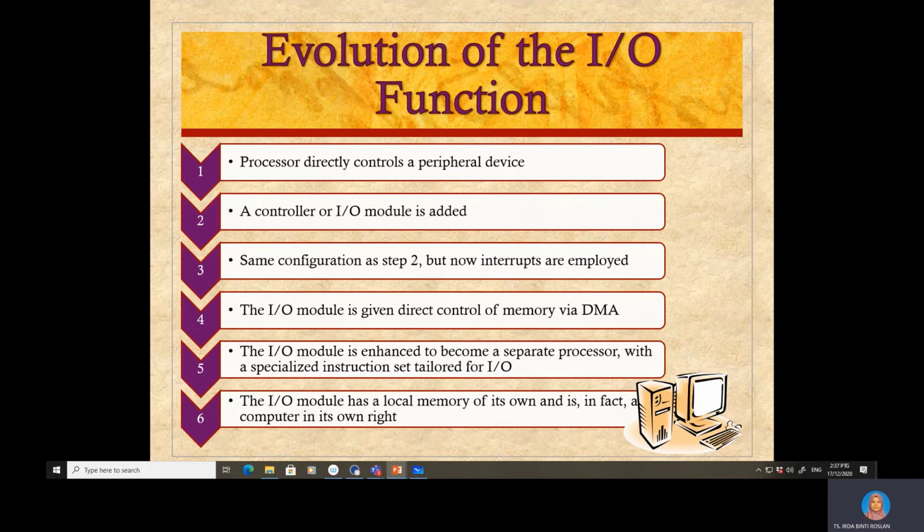Now the control is given to DMA instead of the processor. In the next phase, the I/O module is enhanced to become a separate processor with a specialized instruction set tailored for I/O. So it has become a separate processor itself. And finally, the I/O module has a local memory of its own and is in fact a computer in its own right. This is the advanced stage of evolution of the I/O function.